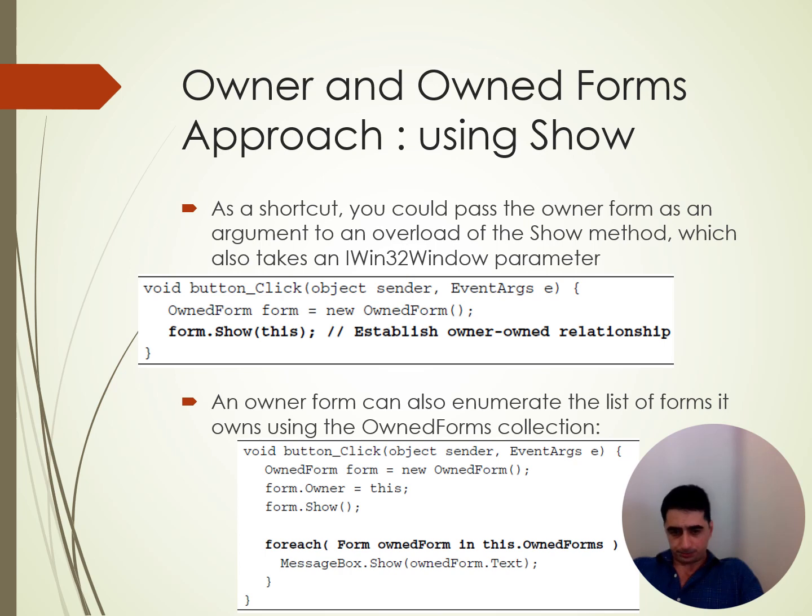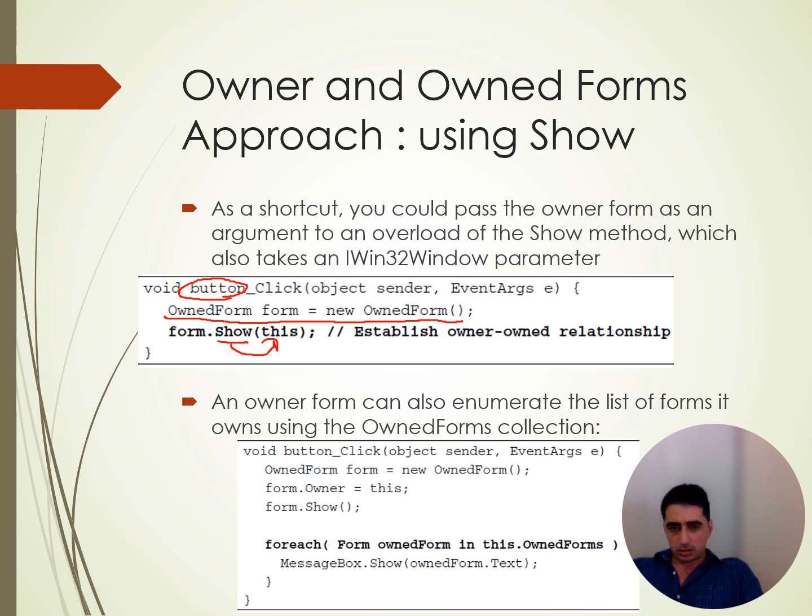For example, let's have a new form of type owned form, and let's show that form in a way that the form is owned by its owner, which is this form, right? Whatever this form is. This form is the form that contains the button that has this button click event handler.